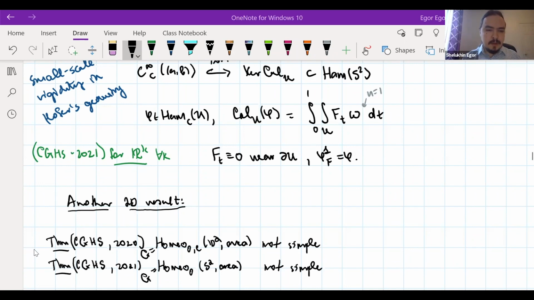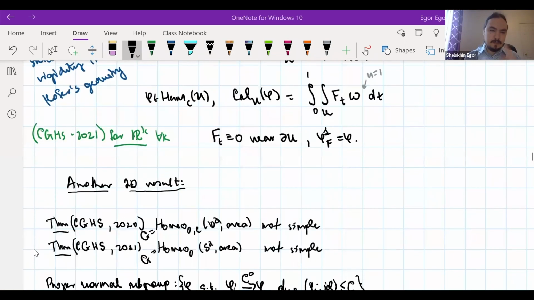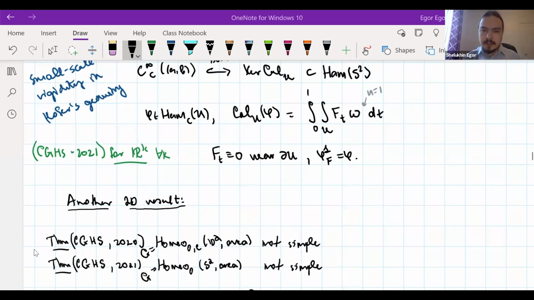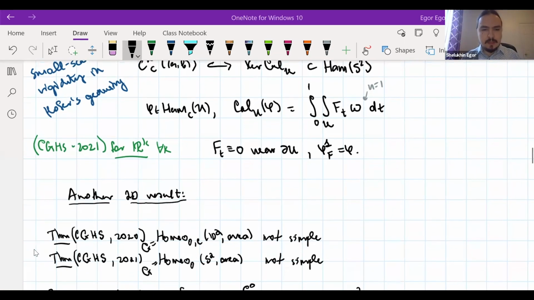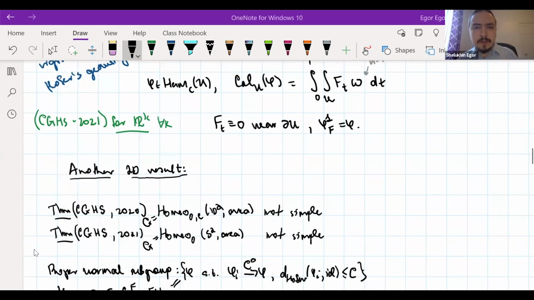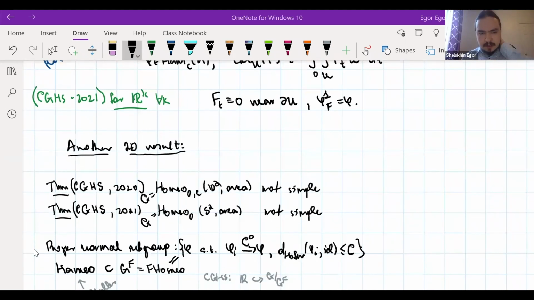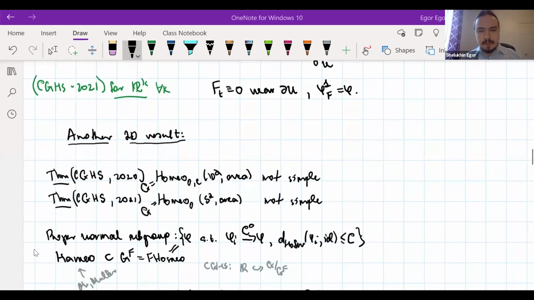And recently CGHS have extended this result to the identity component of the group of area-preserving homeomorphisms of S2. And shortly thereafter, we realized that our spectral invariants also give information about these questions.